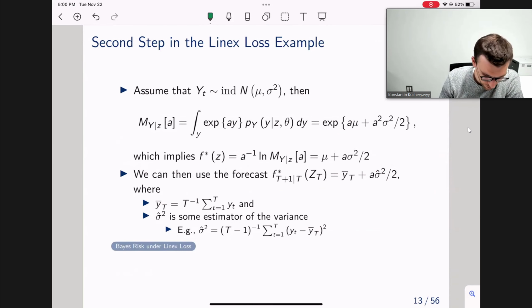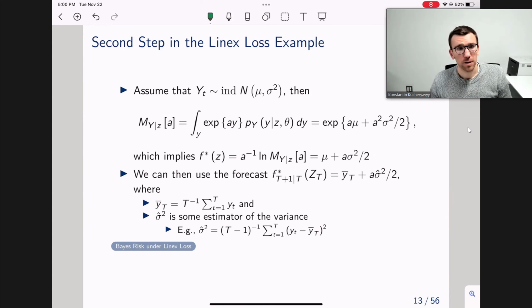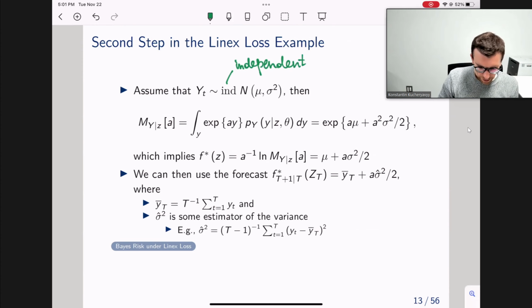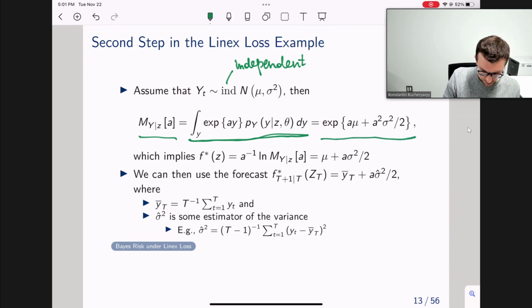For example, suppose that y's are independent, so there is no time series component. It's like we're dealing with cross-section and y's are arriving independently from a normal with mean mu and variance sigma squared. So iid means independent. Then we can calculate exactly this object, by its definition, and using some simple algebra, we can derive that it's equal to this.